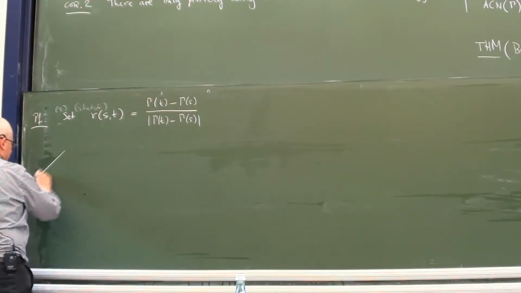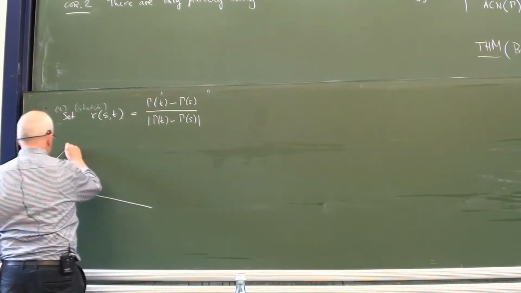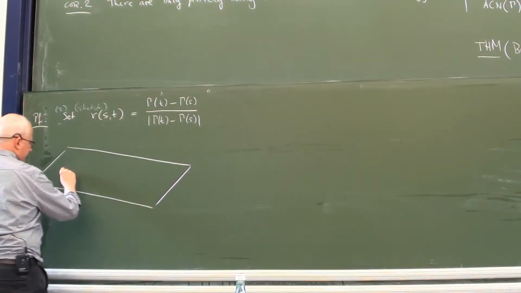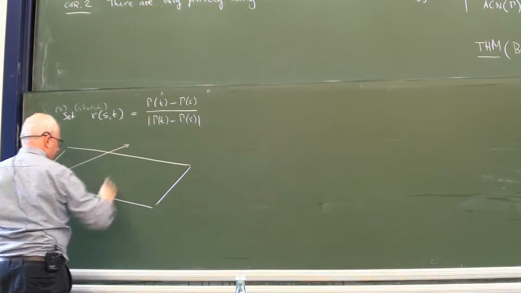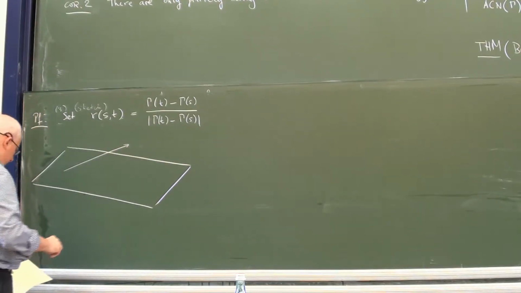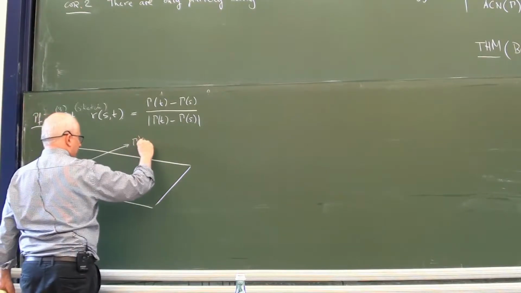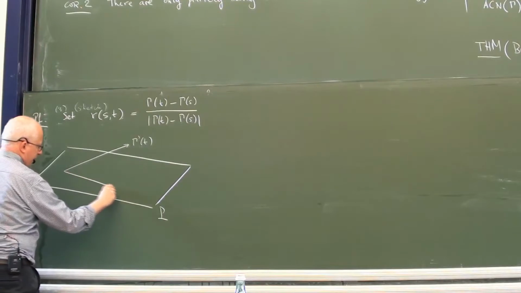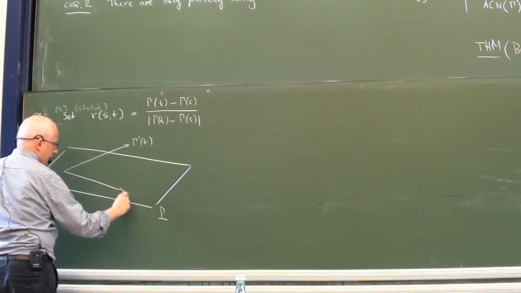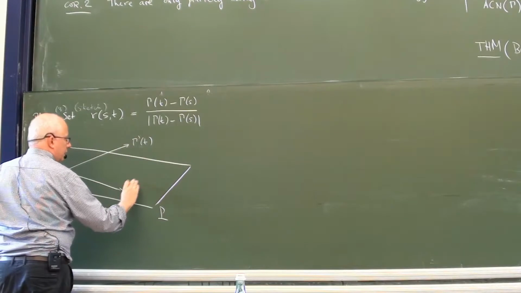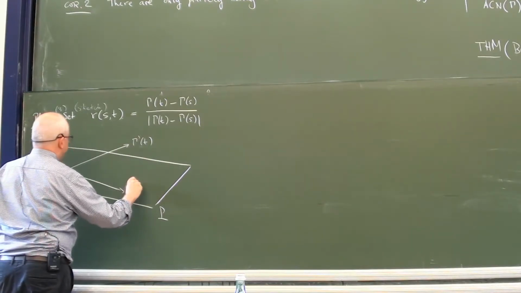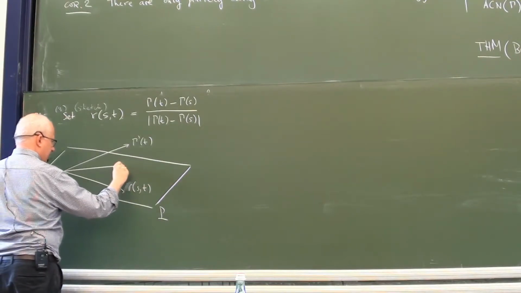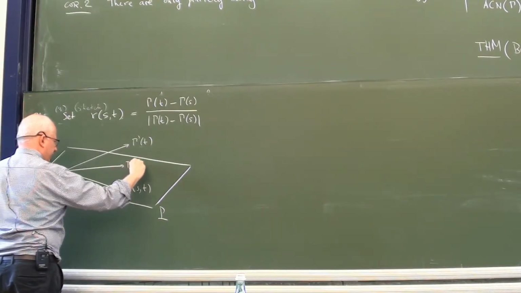I want to look at the plane spanned by R of s and t and gamma prime of s.